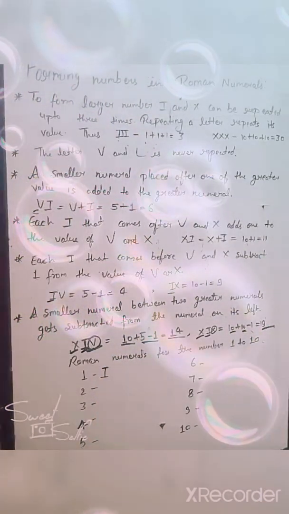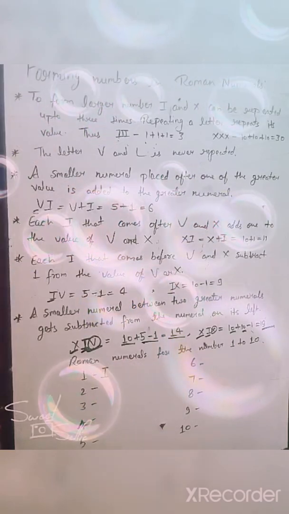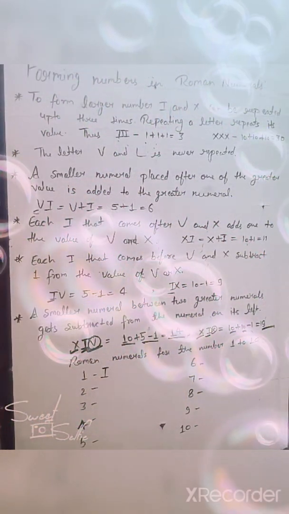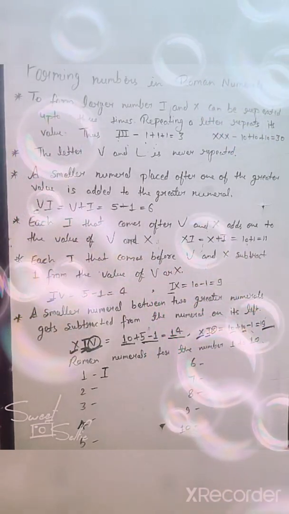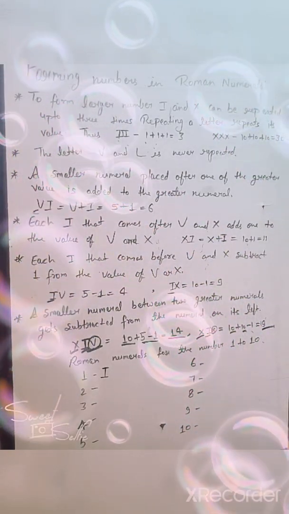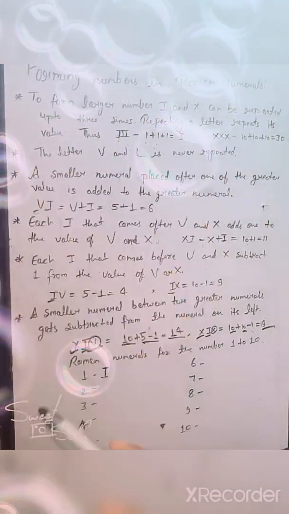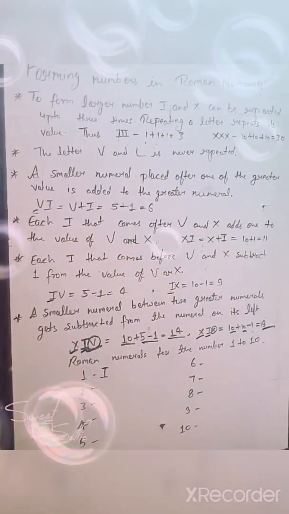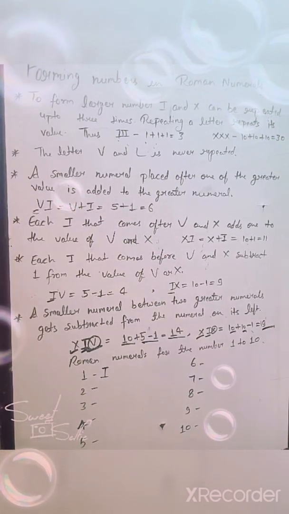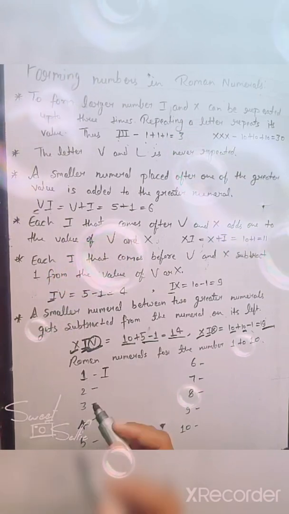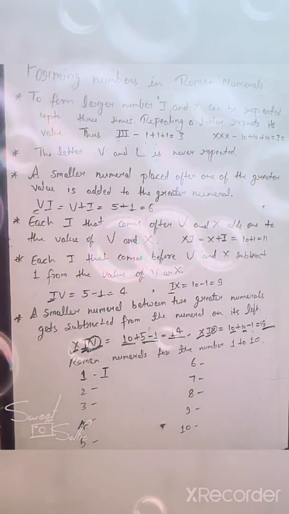Okay. So now can you write Roman numerals for the numbers 1 to 20? Using these rules we can write Roman numerals. So let us start from 1. Which alphabet represents 1?